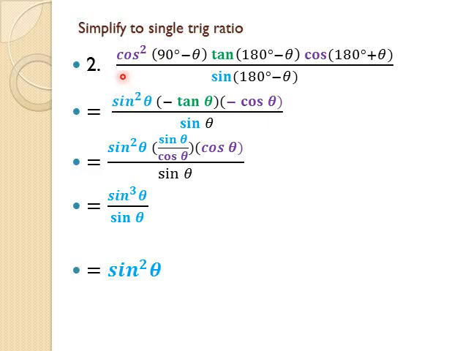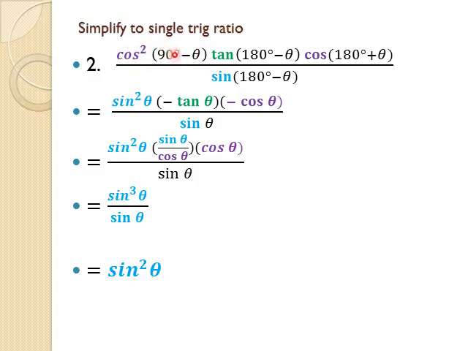Look at problem number 2. Cos squared(90 minus theta) times tan(180 minus theta) over cos(180 plus theta) times sine(180 minus theta). Right? So 90 minus is in the first quadrant, but 90 changes cos to sine.